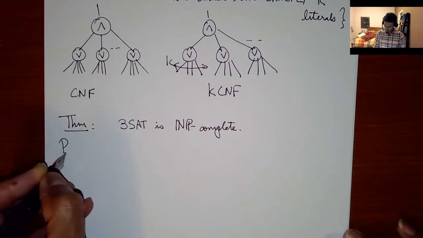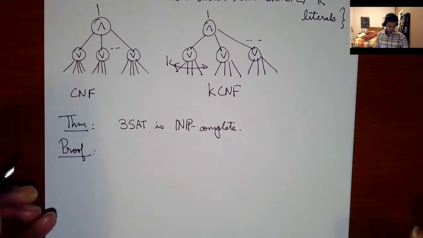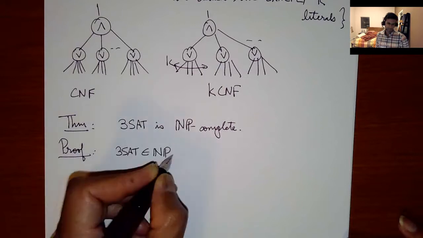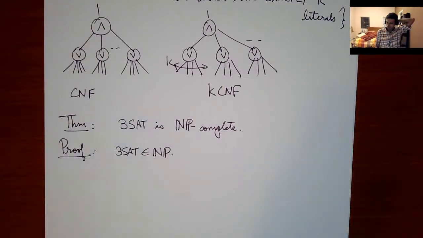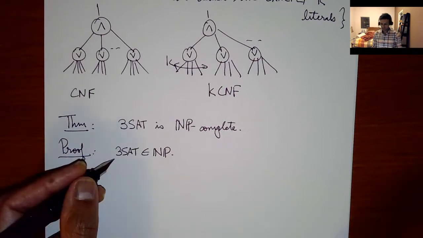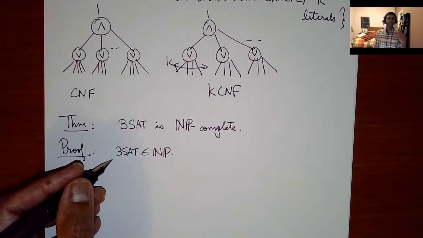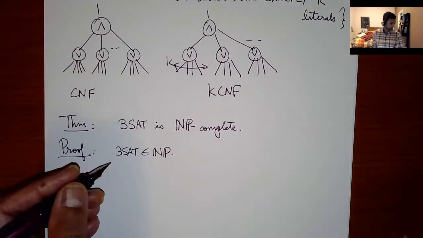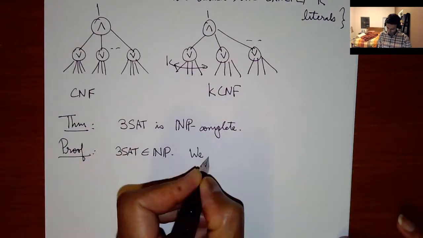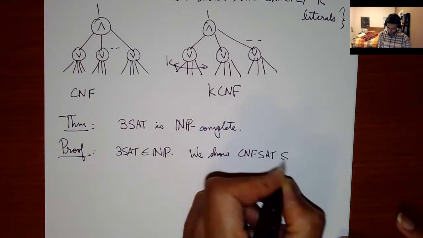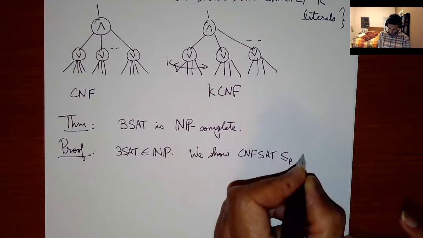So now the proof, and again it uses this sort of dummy variable construction. 3SAT is obviously in NP, simply because it's a sublanguage, a subset of SAT, and so it's very easy to determine whether it's in NP: you can just check if it's a 3SAT instance, and if it is, you get the satisfying assignment as a certificate. So we show that CNF SAT can be reduced efficiently to 3SAT.